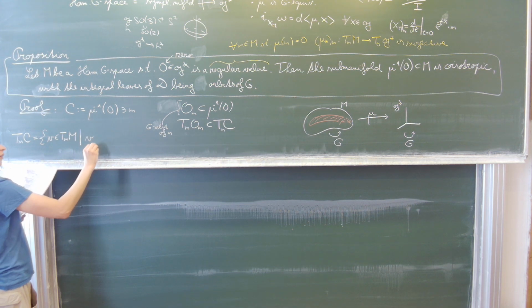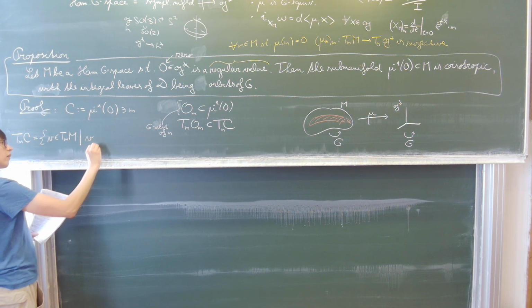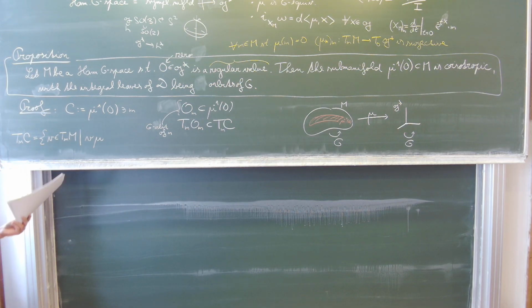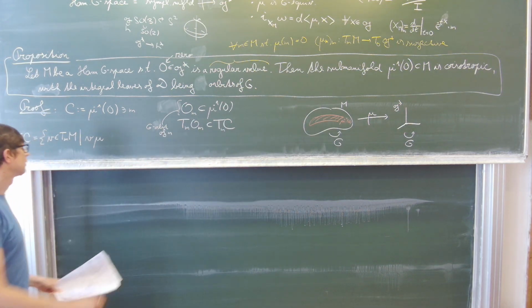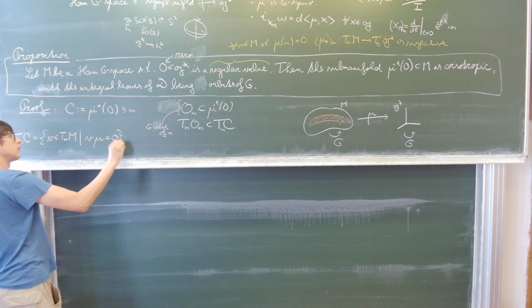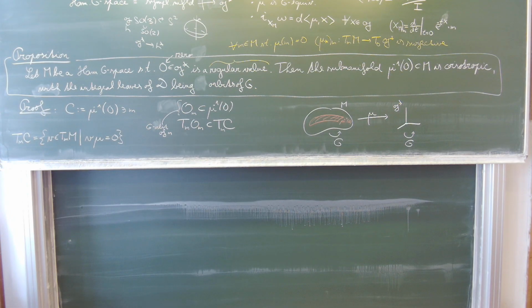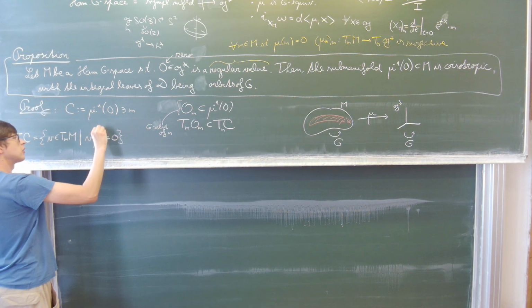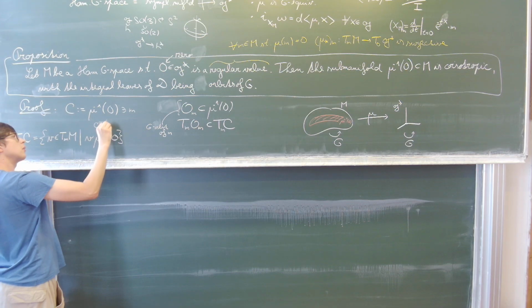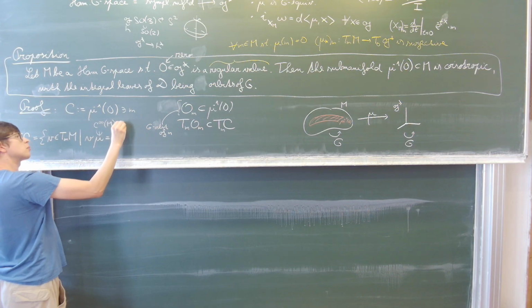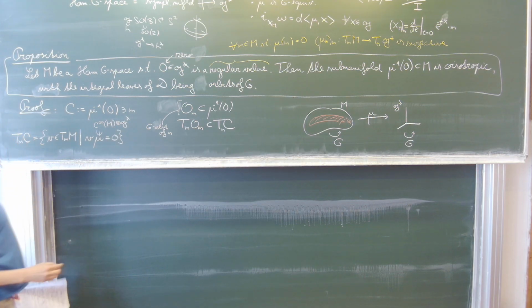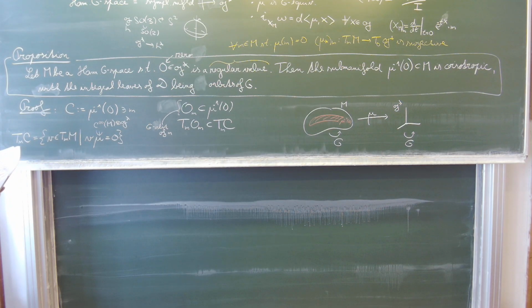Such that if I take my vectors here and differentiate mu, I want this to be 0. Here I regard mu as a function on M valued in a vector space, rather than some vector space itself. What is a tangent space? A collection of vectors that are tangent to my space.